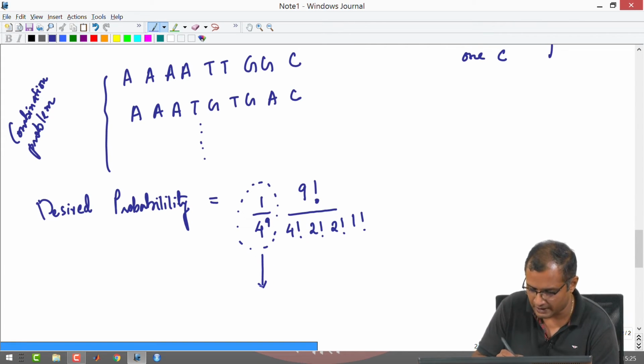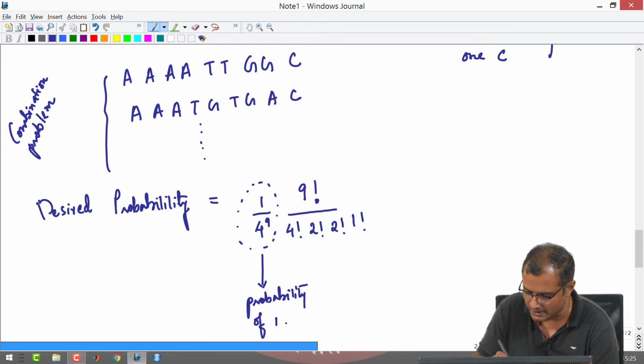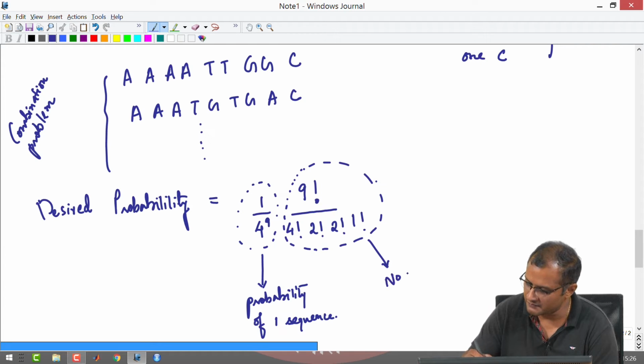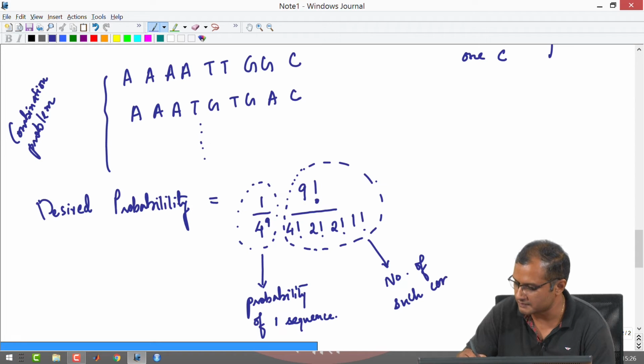1 upon 4 to the power 9 is the probability of one sequence, and this combinatorial factor is basically the number of such combinations.